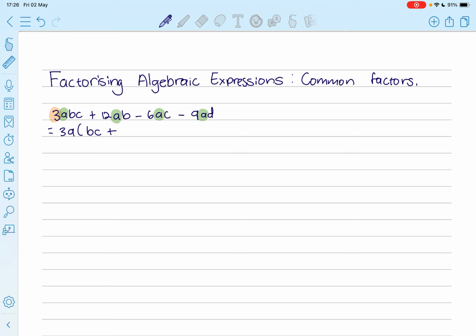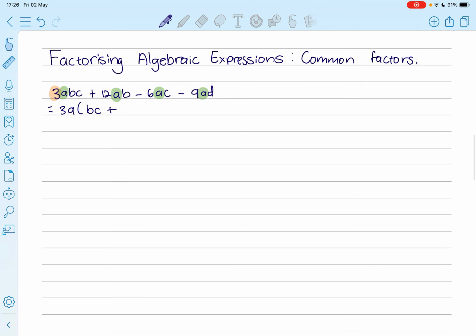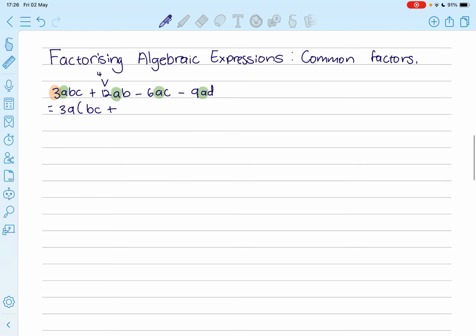In the second one, we can take out 3a again, but for us, if we take 3, we'll be left with 4, because 12 is made up of 3 times 4. So if we take out 3, we'll be left with 4. And we're also taking out a, so that means we are left with 4b.